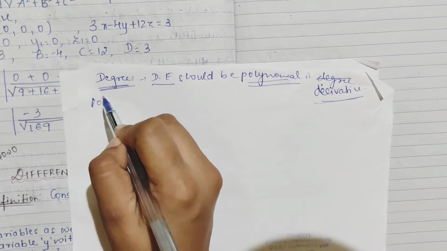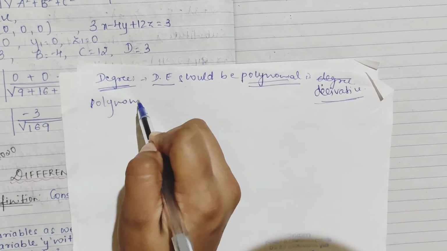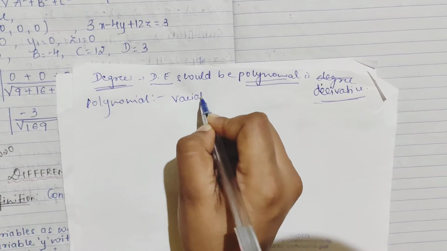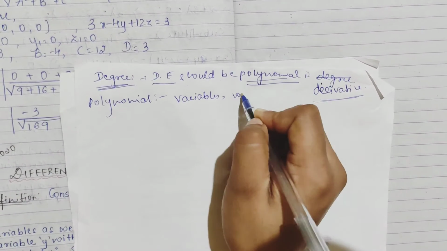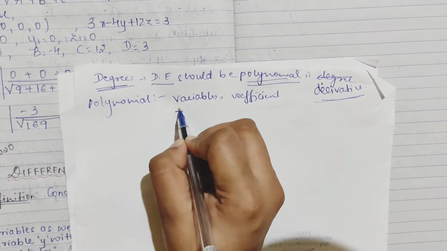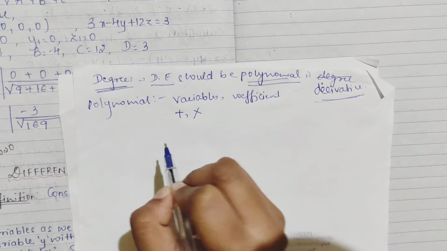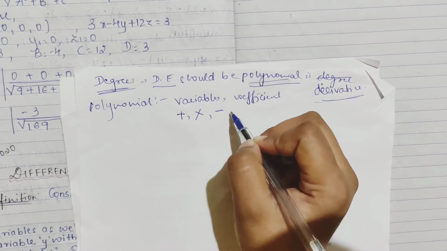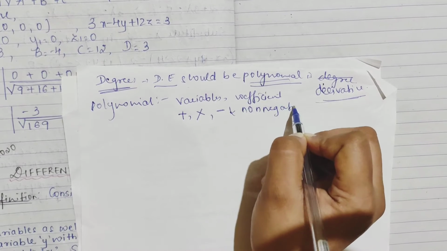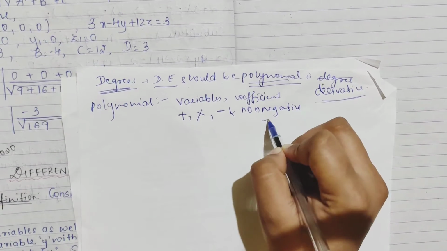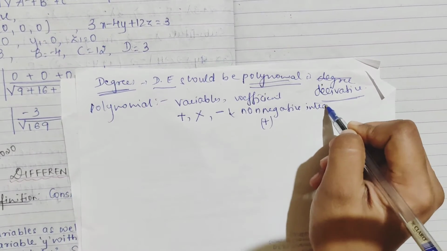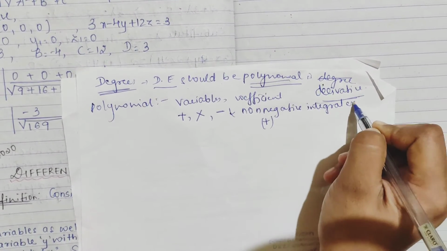Now first, what is a polynomial? A polynomial includes variables and coefficients, and involves addition, multiplication, subtraction, and non-negative integral exponents. Non-negative means positive only, right?